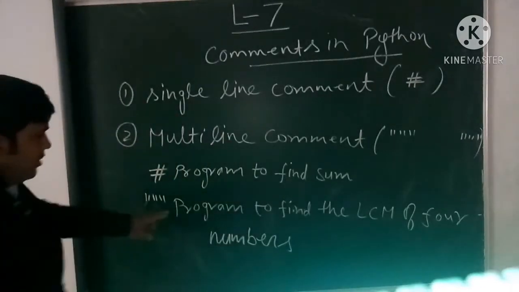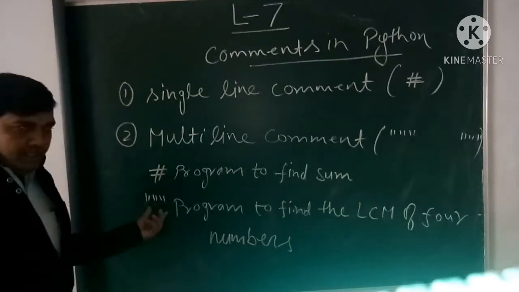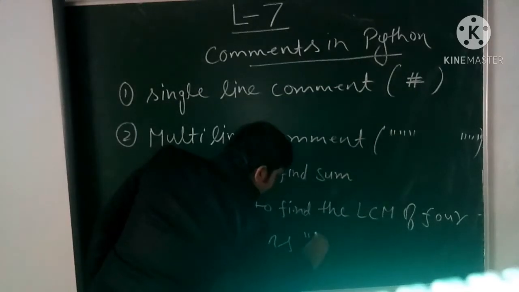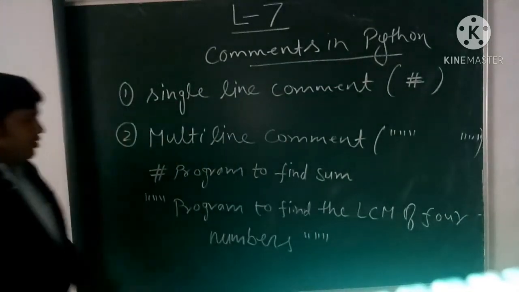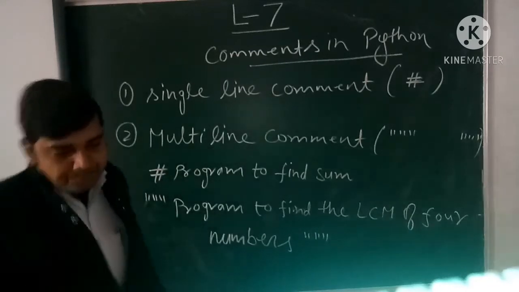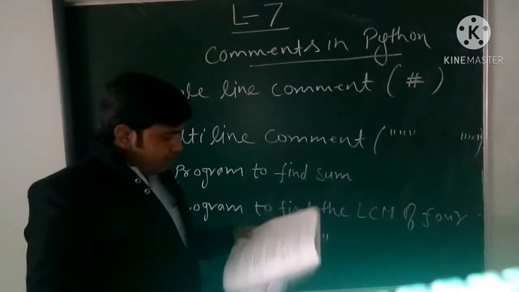So see, this comment contains more than one line, 2 lines. So at the beginning I will open the triple quotation mark and at the end also I will close the triple quotation mark. So the multi-line comments are written inside the triple quotation mark. That you can see in the book also.